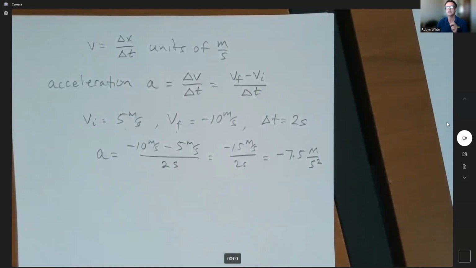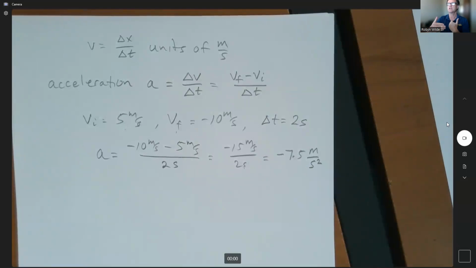Now, acceleration is a vector. In this case, I would say my acceleration is pointed in the negative direction, or maybe the left, if that's your coordinate axis. What it is saying is I am subtracting 7.5 meters per second every second. Now, as I'm moving forward, I'm slowing down until I get to 0, but my acceleration is still in the negative direction.